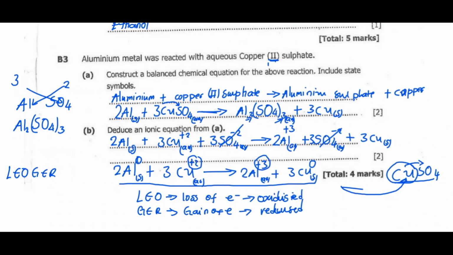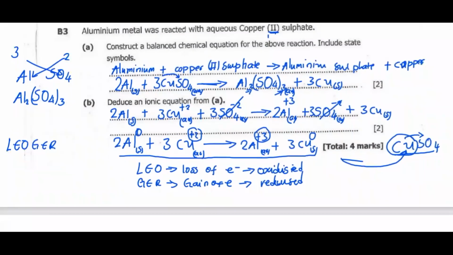That's why we consider the sulfate to be a spectator ion. After the copper has been displaced, the aluminium must satisfy the sulfate. And if you want more of these, you can write in the comment section below, and I can make a video based on reduction and oxidation.